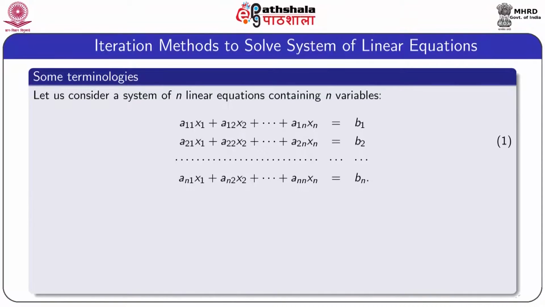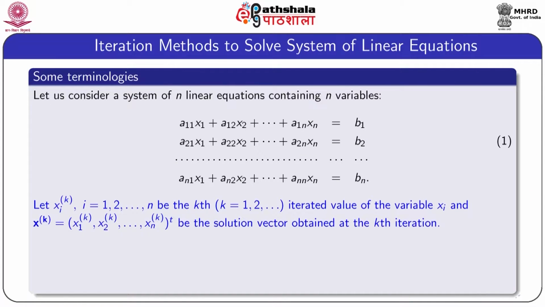Let us consider a system of n linear equations containing n variables: a11 x1 plus a12 x2 plus ... plus a1n xn equal to b1, and the last equation is an1 x1 plus an2 x2 plus ... plus ann xn equal to bn. Now, we define some basic terms which are used in this module.